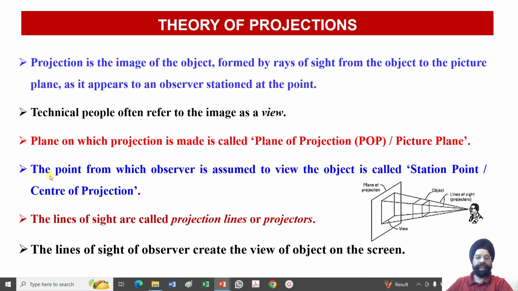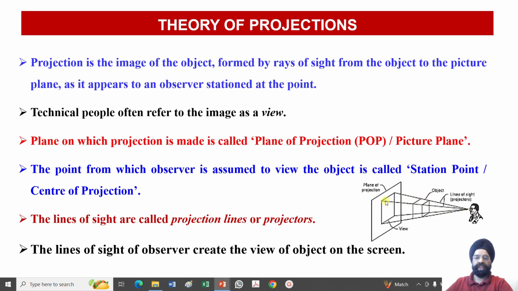And the point from which the observer is assumed to view this object is called the station point or the center of the projection. So over here in this picture, the center of the projection is lying over here, and the lines of sight are called the projection lines or the projectors. So here you can see these are the lines of sight.